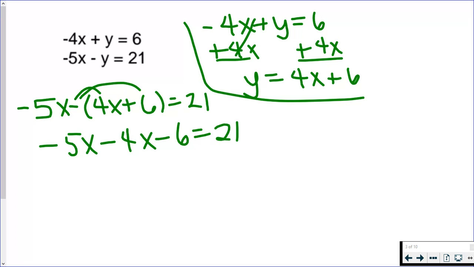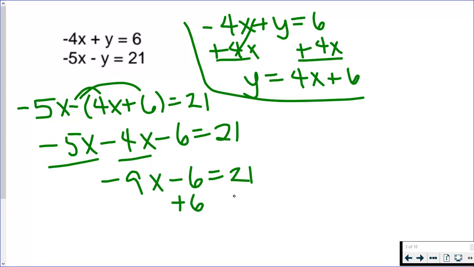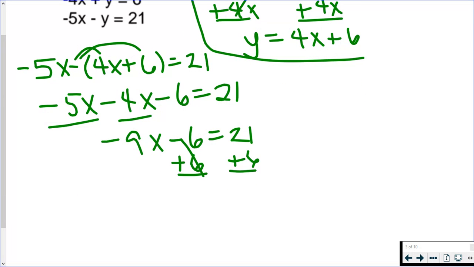And then I'm going to combine like terms. Move the 6 over to the other side. And then the last step is going to be divide by negative 9.